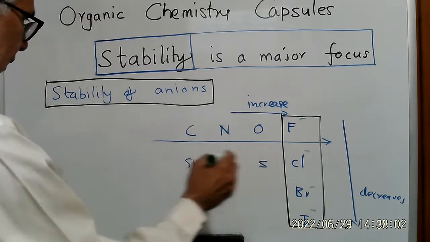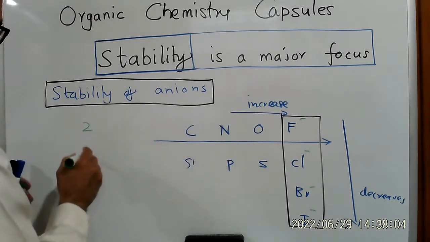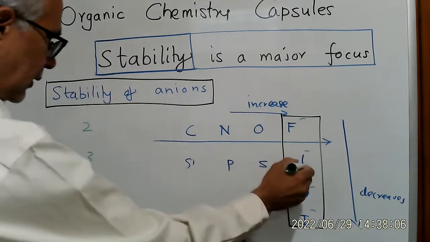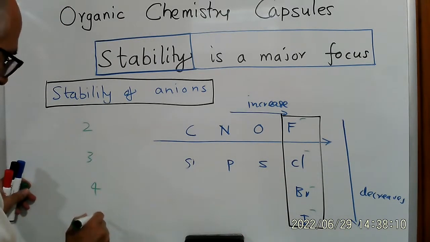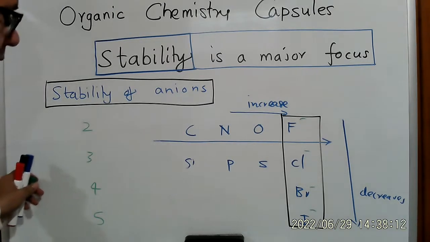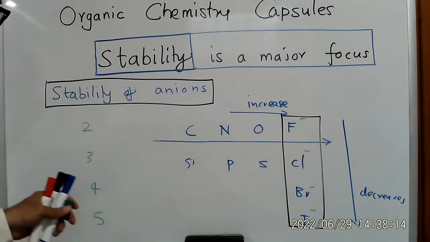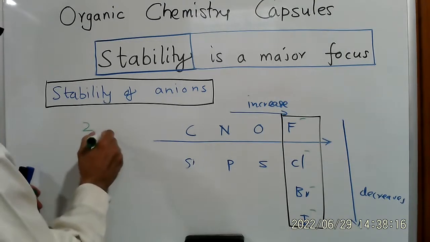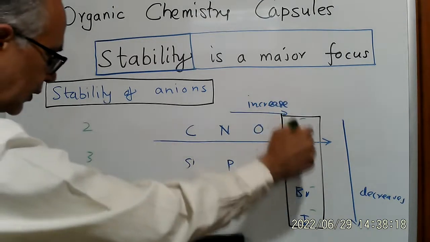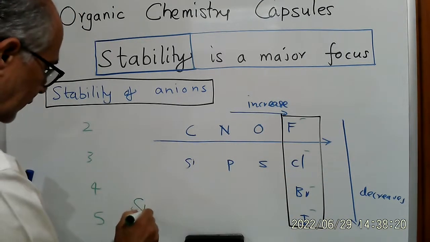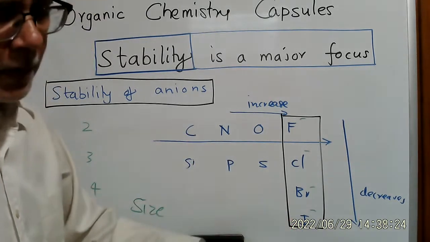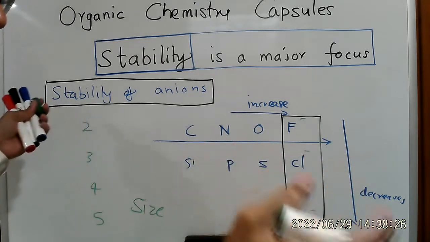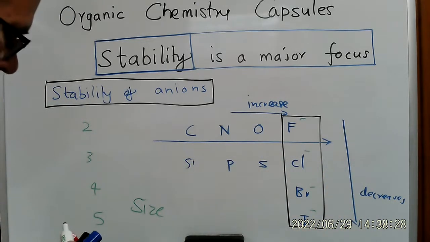As you see, fluorine is in the second row, chlorine is in the third row or third period, then the fourth period, the fifth period. As we're adding more shells to the atoms, the size of the atom, or in the I minus ion, the size increases.